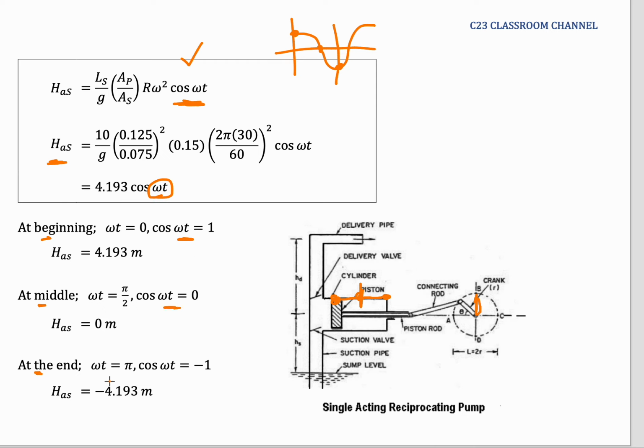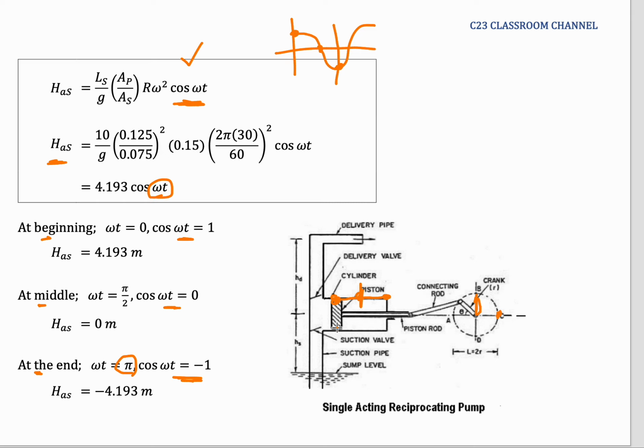And at the end, at this point, the angle will become 180, so we have a pi here, and the cos will give us -1. So at the beginning, the acceleration head is positive 4.193. At the middle, it is equal to 0. And at the end, it will be -4.193.